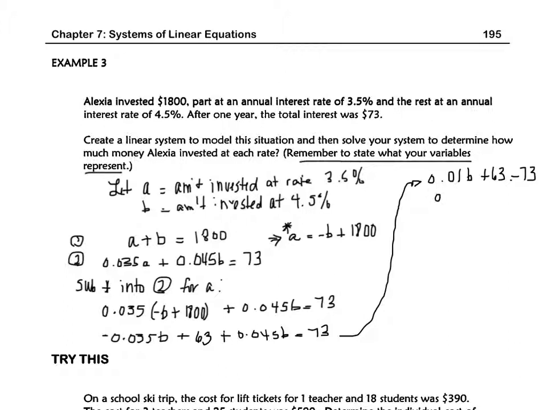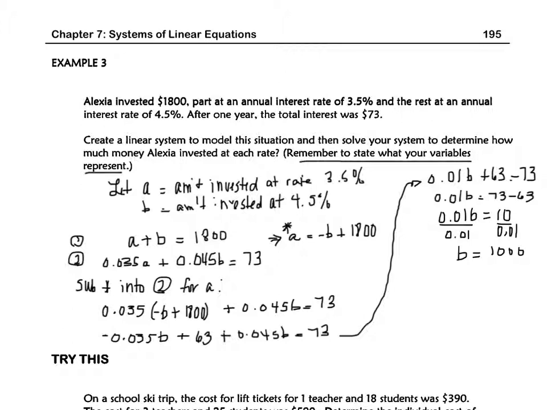And then if we isolate the B term, we're going to get 73 take away 63, and that gives us 0.01B equals 10. So then if we want to get the B by itself, we need to divide both sides by 0.01, which will give us 10 divided by 0.01 would be 1,000.